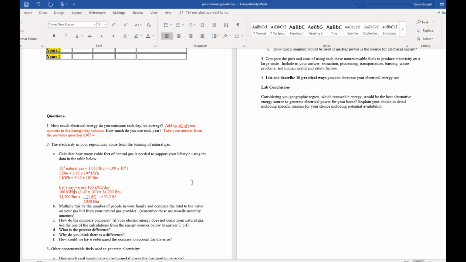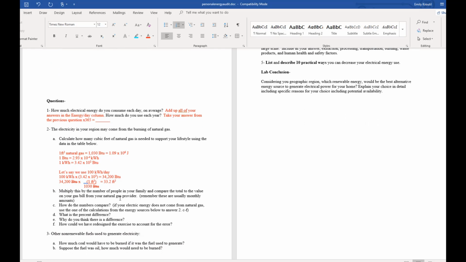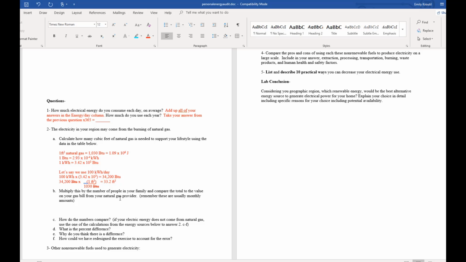Now it says multiply this by the number of people in your family to get the total number on your gas bill from your gas provider. So if that's per day, then we'll have to multiply it by 30. We'll assume our month has 30 days.